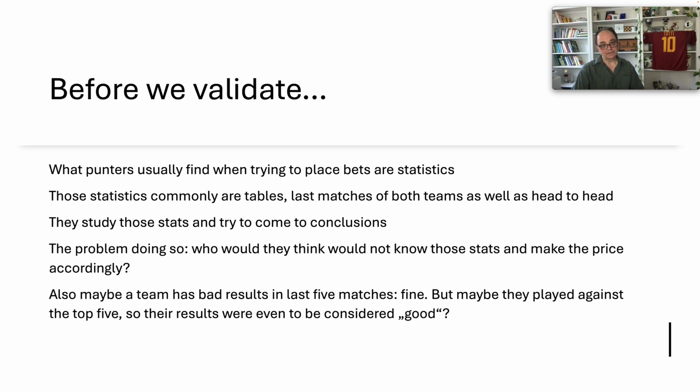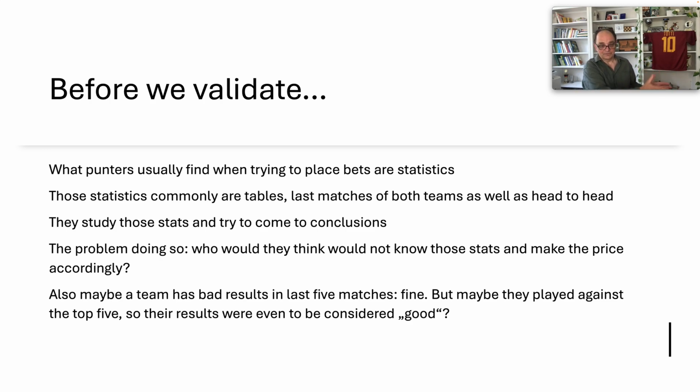Before we validate, what punters usually find when trying to place bets are statistics. Those statistics commonly are tables, last matches of both teams, as well as head-to-head, table positions, and so on. They study those stats and try to come to conclusions. The problem doing so: who would they think would not know those stats and make the price accordingly? Even if a team won 5 games in a row, who do you think wouldn't know that?